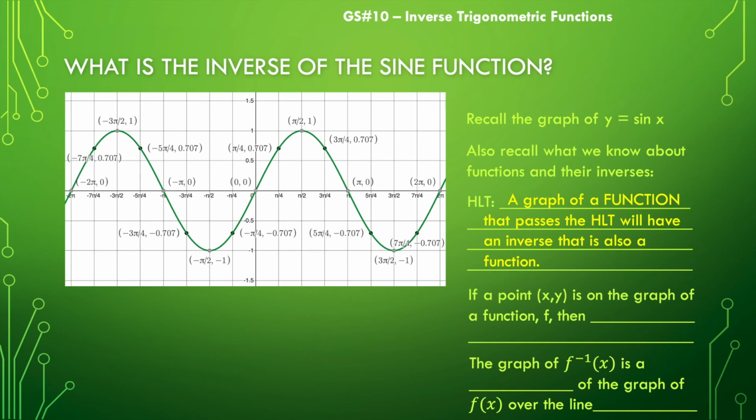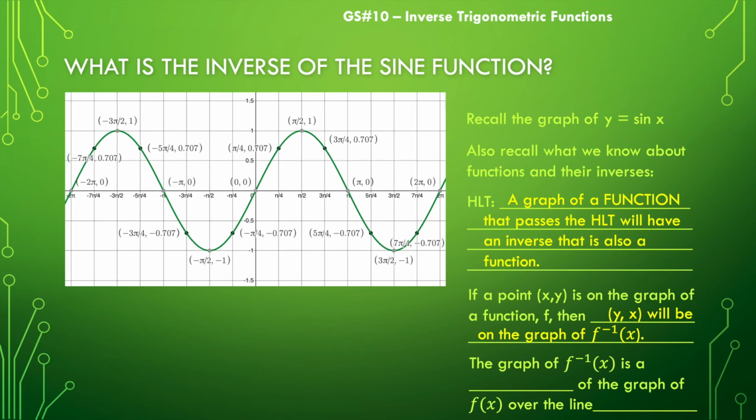Another thing to remember is that if there is a point (x, y) on the graph of a function, then the coordinate (y, x) will be on the graph of f inverse of x.